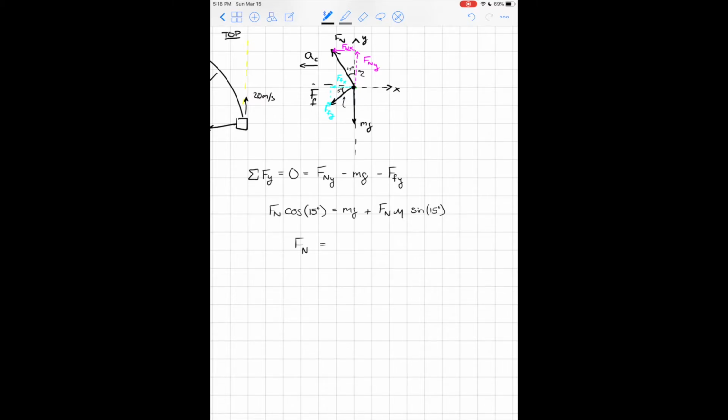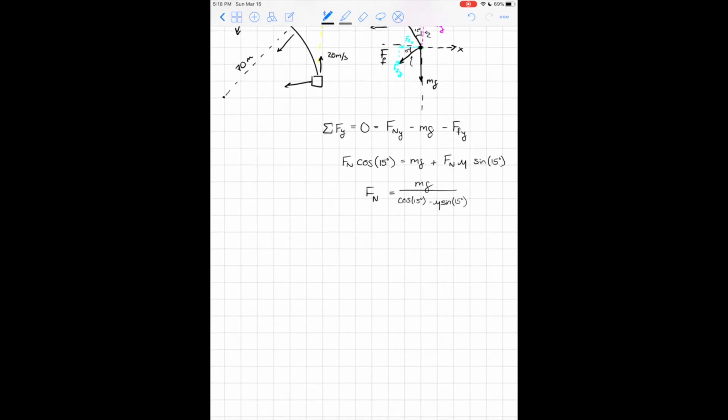Fn equals mg divided by the quantity cosine of 15 degrees minus mu sine 15 degrees. All right, so we have an expression for Fn.